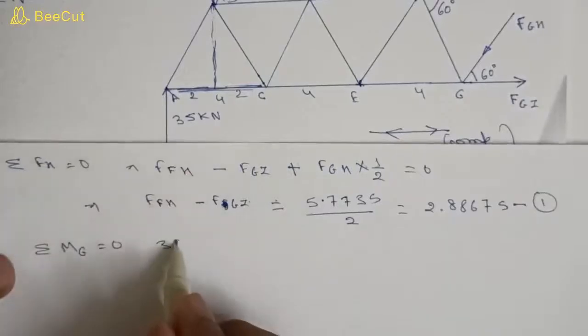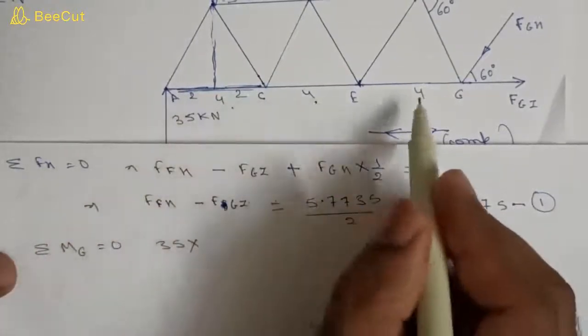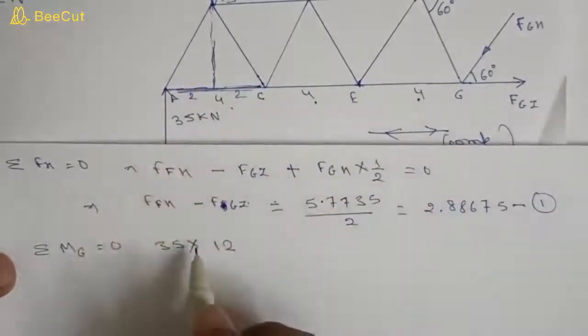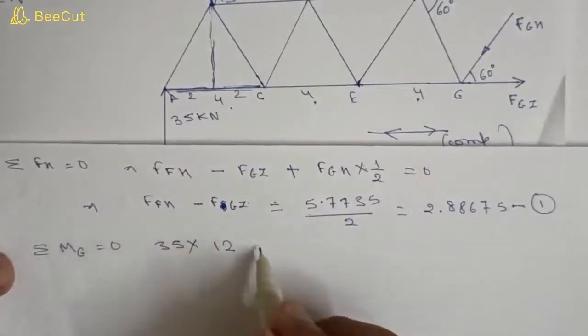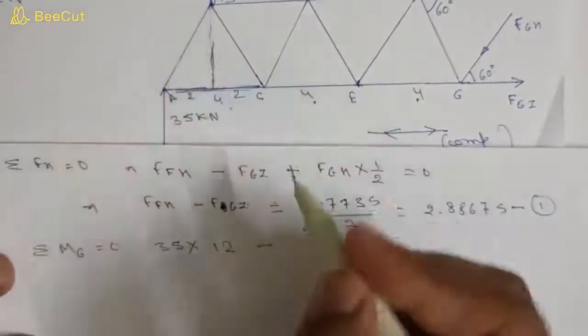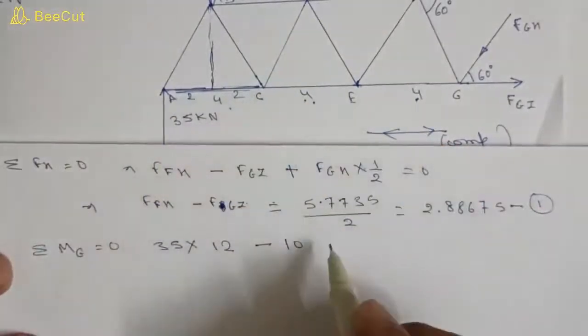35 into, see, what is the distance, 4 plus 4 plus 4 is equal to 12. This is clockwise. Suppose we are considering clockwise as positive, then minus, due to this force, 10 into distance is 4 plus 4 plus 2.